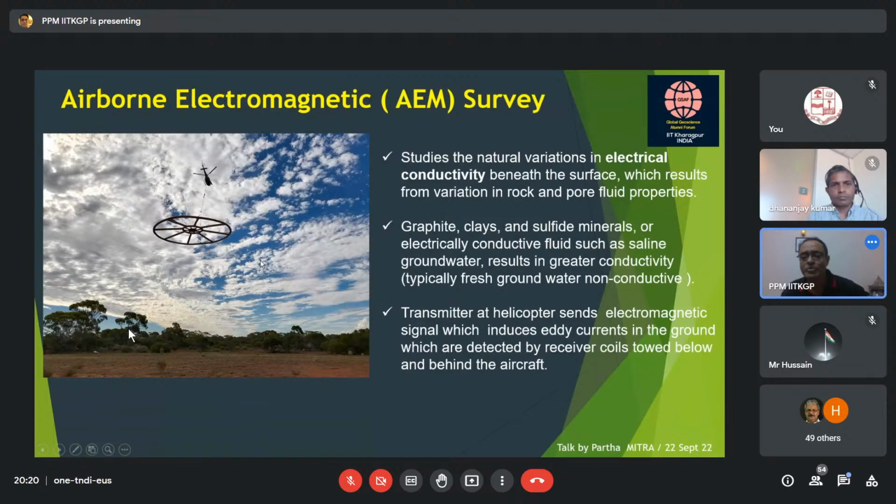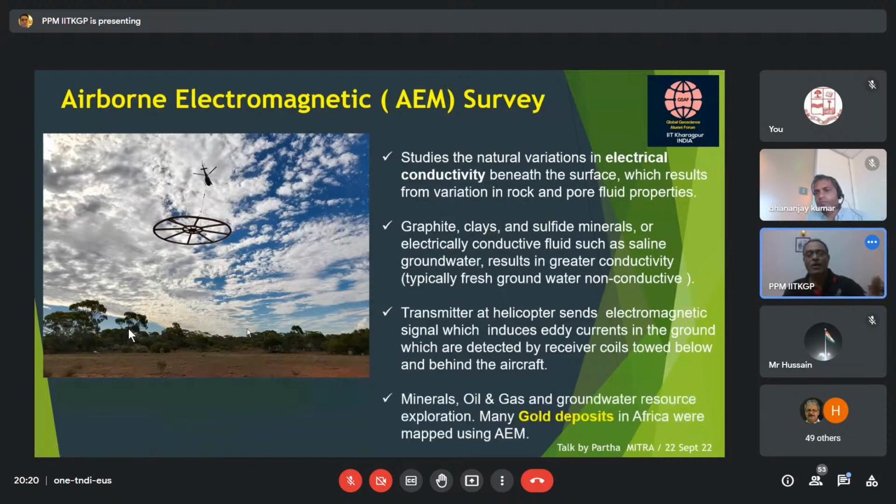And then when it hits that buried anomaly, it gets reflected back or scattered and is detected by the receiver coil. And then we do some processing. There's certain basic processing, I'm not going into that detail. And then we ultimately prepare a conductive map, or what we call a conductance map.